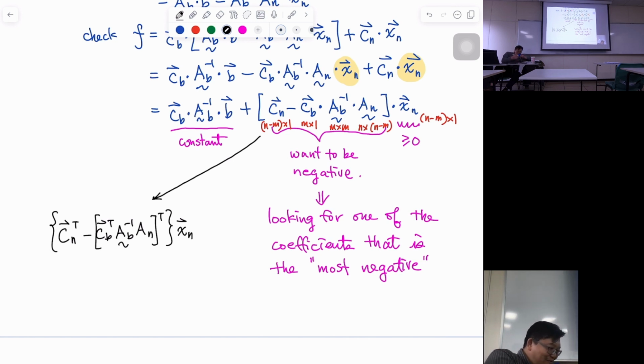That's why it's very confusing. So after transpose, this is 1 by n minus m, this is n minus m, okay?